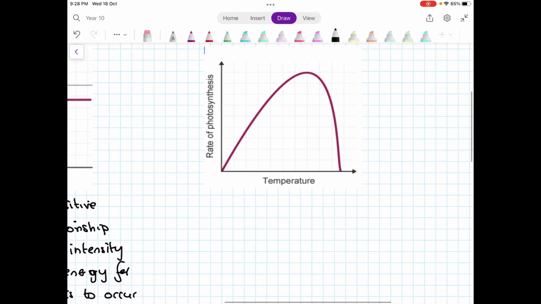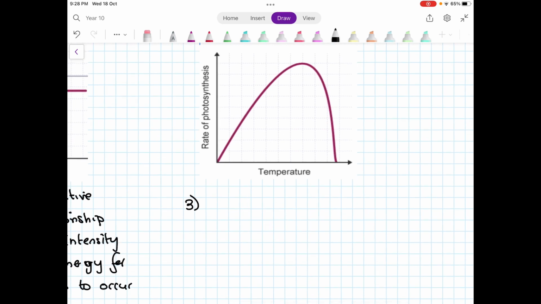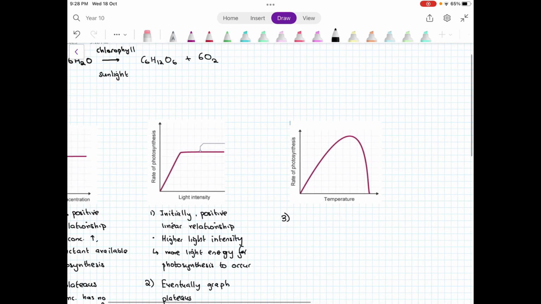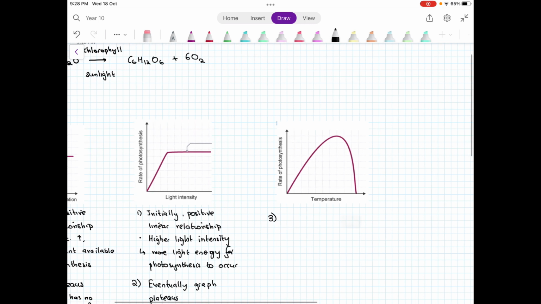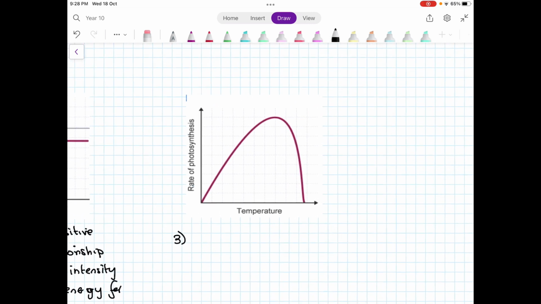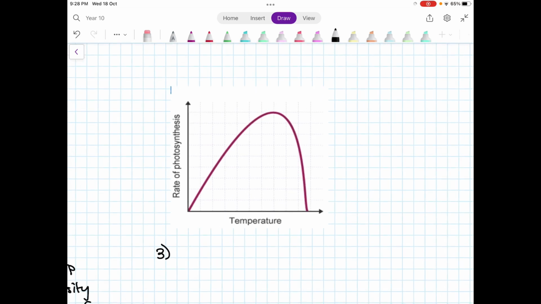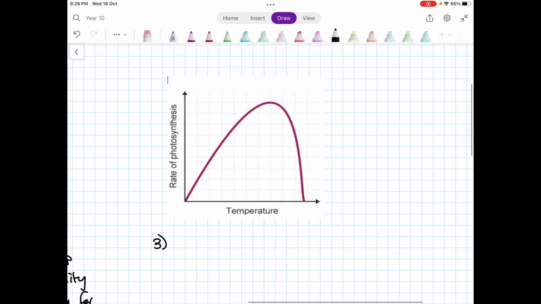And last but not least, let's look at the limiting factor of temperature. So this graph has a different shape to what we've seen for carbon dioxide concentration and light intensity. So initially, as temperature increases, the rate of photosynthesis also increases. So it would represent this portion of the graph.